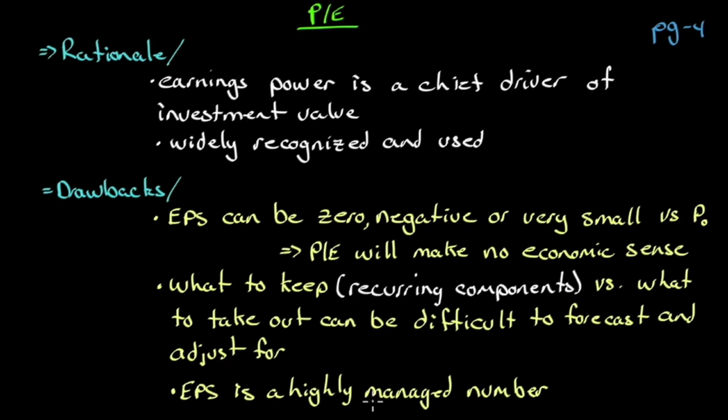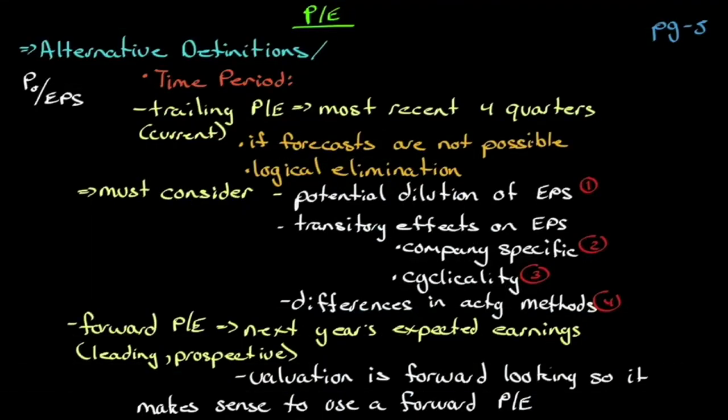Remember FRA, we went through a lot of that stuff. Well, that's not gone. So in case you thought the PE was a simple thing, we're going to see that there are quite a few definitions of the price earnings multiple.